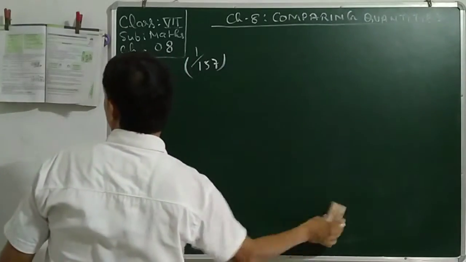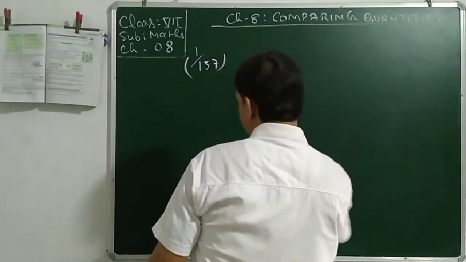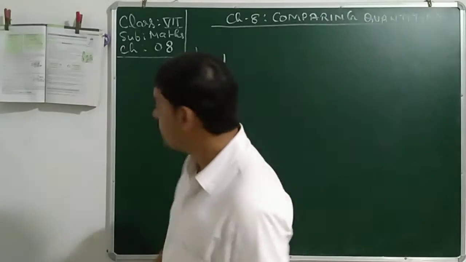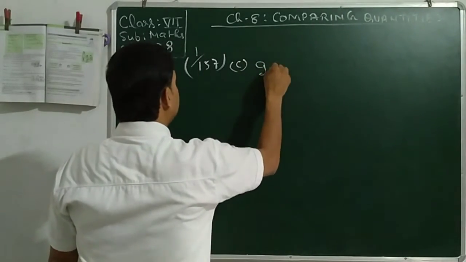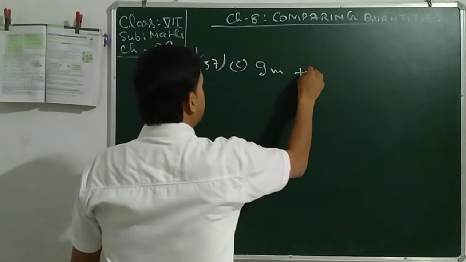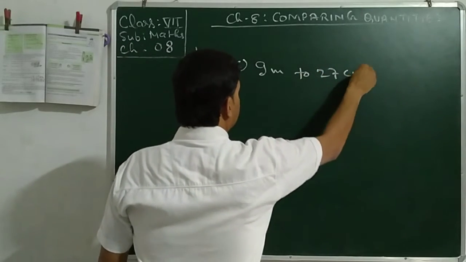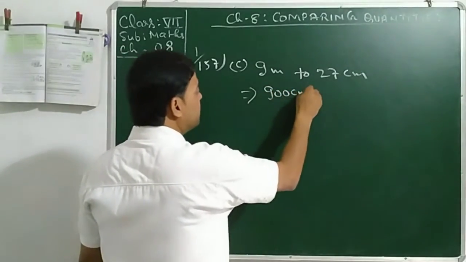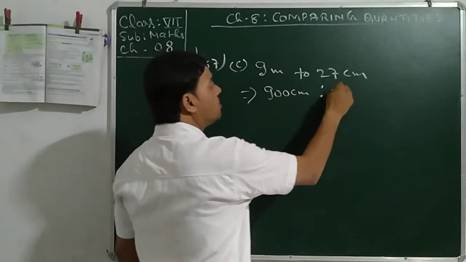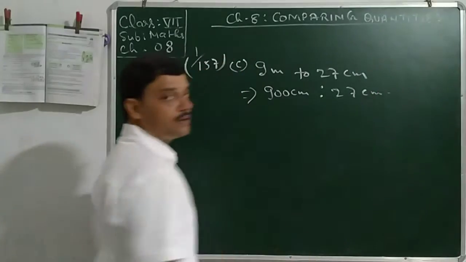In the C number also, meter and centimeter, two different units are there, so we need to change them to the same unit. Meter can easily be converted to the centimeter. See, 9 meter is 900 centimeter is to 27 centimeter.